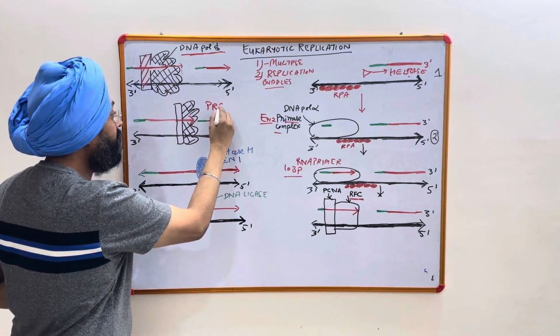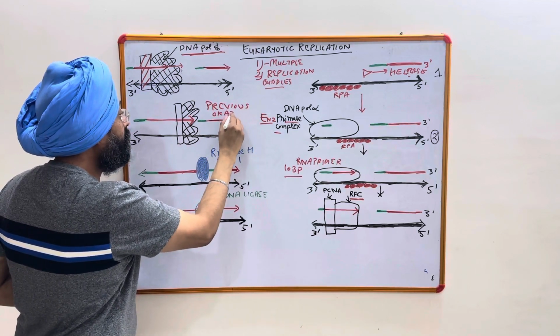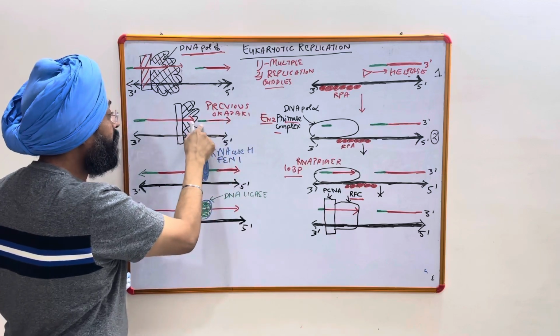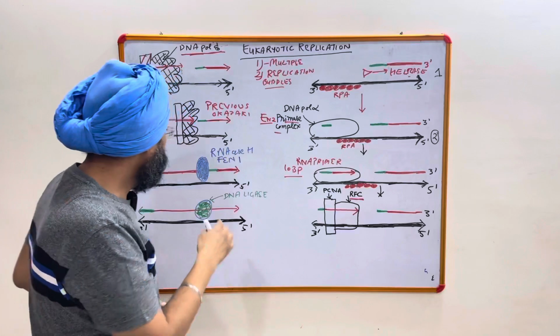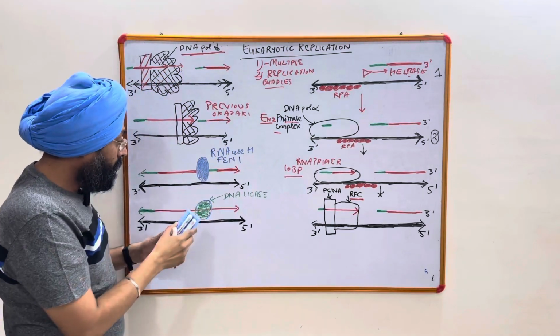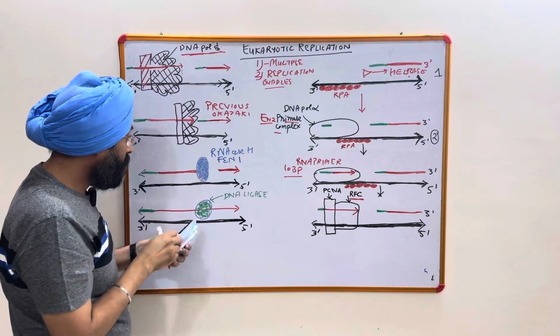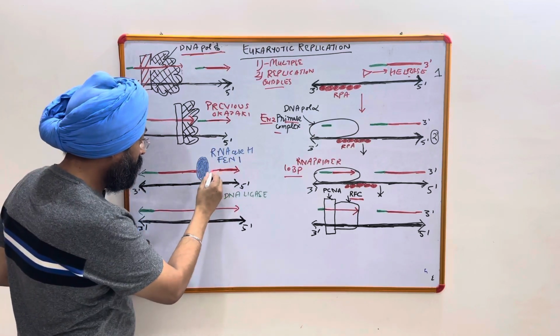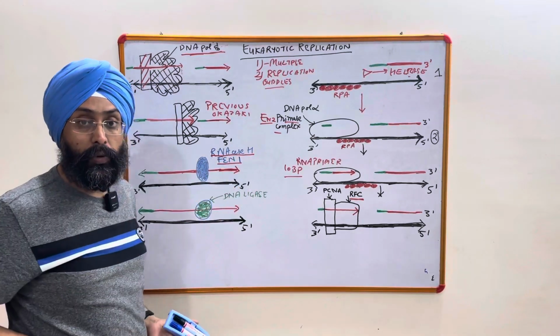The elongation will continue up to the previous Okazaki fragment, where the RNA primer is there. Now, to stop the replication, when the primer is here, the RNA primer is removed, and here comes the role of RNase H and flap endonuclease 1.